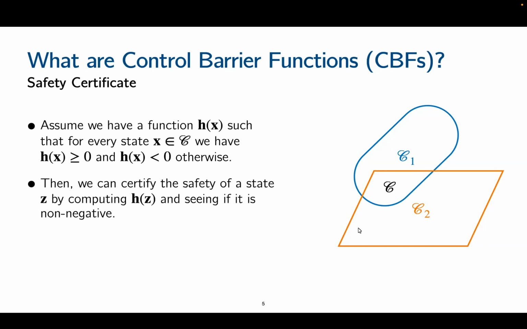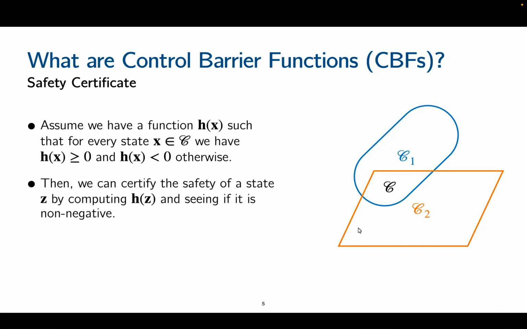With these notions in mind, we can define a control barrier function. First, we can see control barrier functions as a safety certificate. Assume we have a control barrier function h(x), such that for each state that belongs to C, h(x) is greater than or equal to 0 within the safe set and less than 0 outside of the safe set.